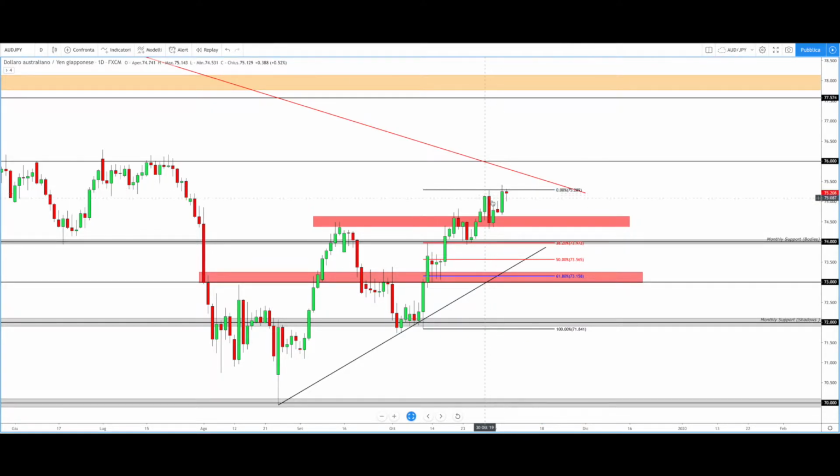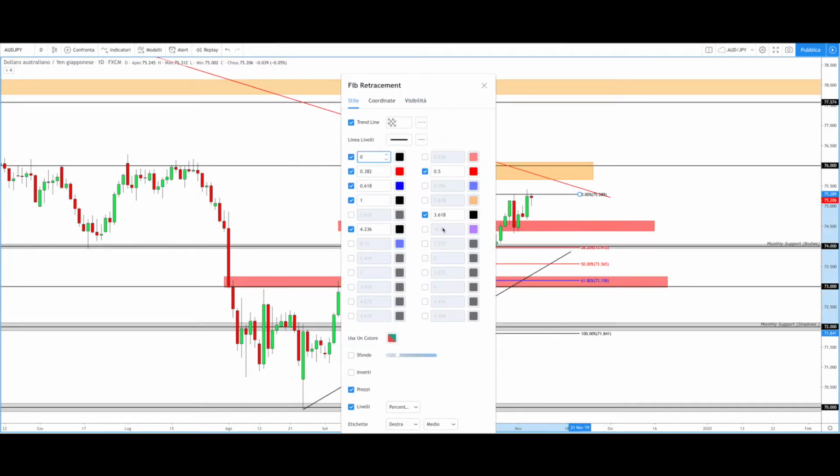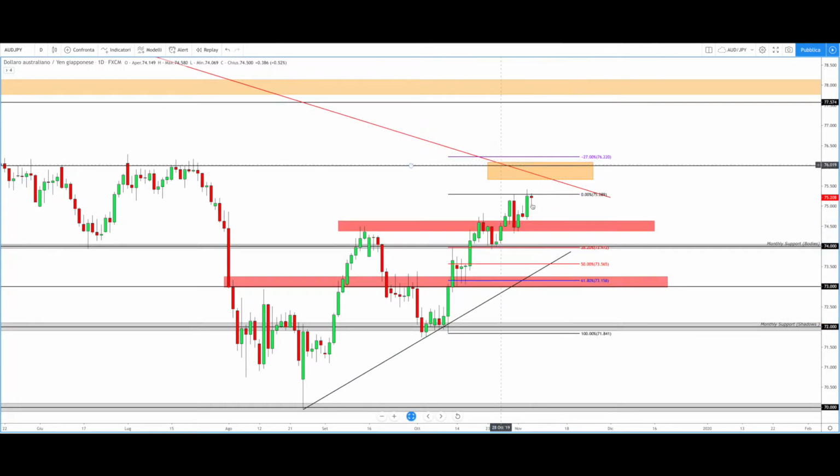So after this clear bullish break, guys, I expect now another touch here of this area, and I want to explain why I expect this touch. Because guys, in this area, using Fibonacci, we can see that we have this Fibonacci extension, one of my favorite personal Fibonacci extensions.